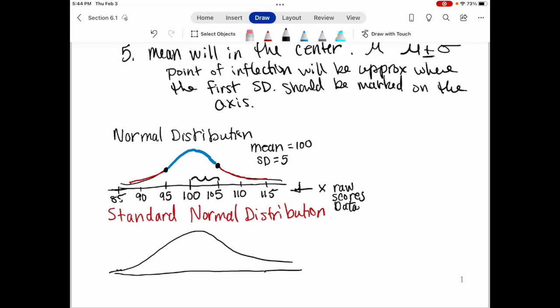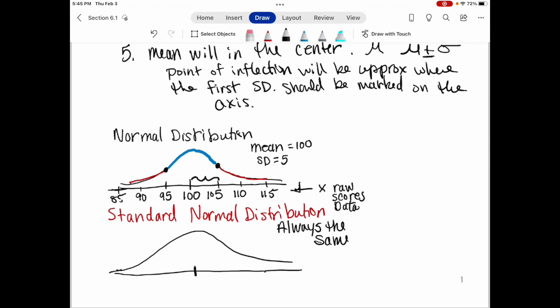Okay, now, when we standardize something, we're not looking at the raw data. We're actually looking at how far away the values are from the center, the mean, based on the number of standard deviations. So when we're looking at the standard normal distribution, this curve is going to be always the same, because we're talking about the distance away from the mean based on standard deviation.